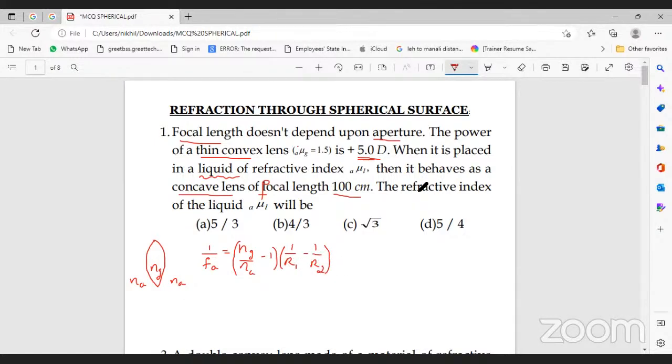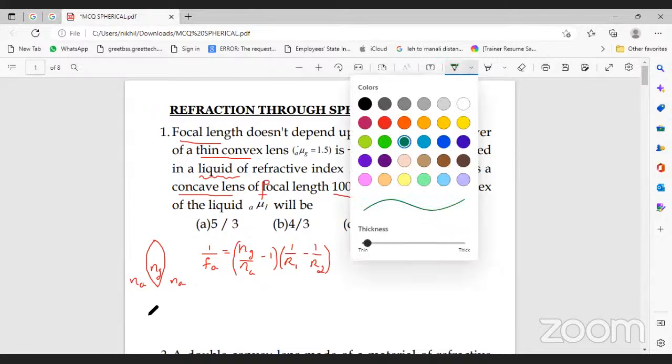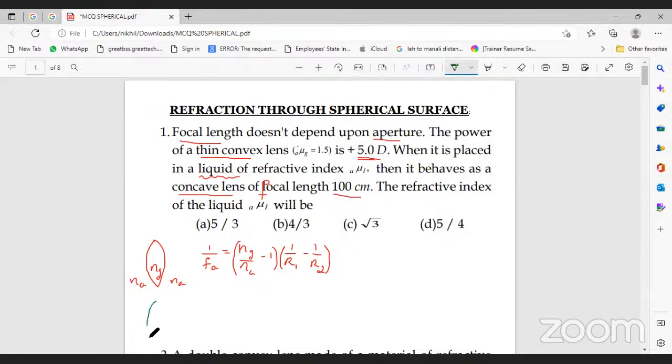Now what are they saying? The same lens is going to be immersed in some liquid, right? Ng is the glass. Now the surrounding medium is not air. The surrounding medium is some liquid, let it be NL.